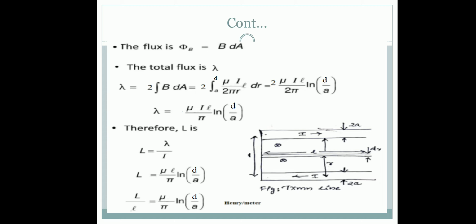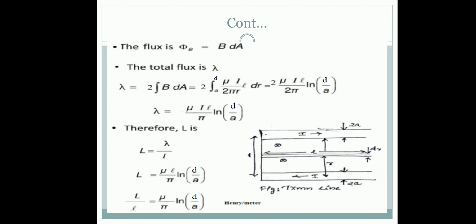So you should remember that here we have two conductors. So the total flux due to these two conductors we need to consider. That means the flux due to first conductor plus flux due to second conductor, that means twice the flux. So we can find the total flux lambda as lambda equal to 2 times integral B dA.